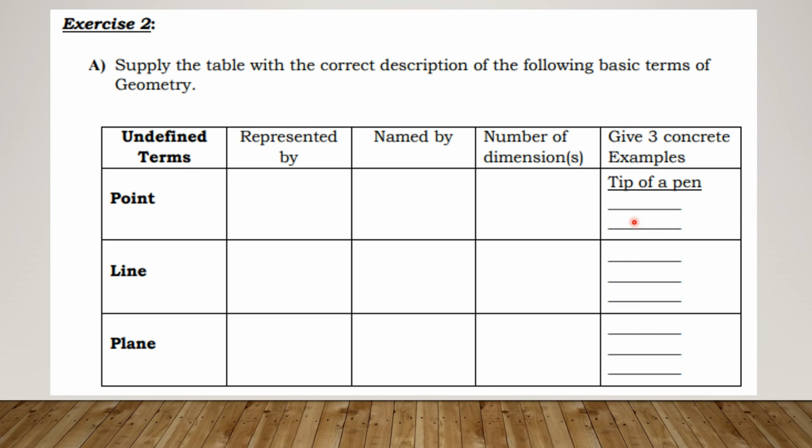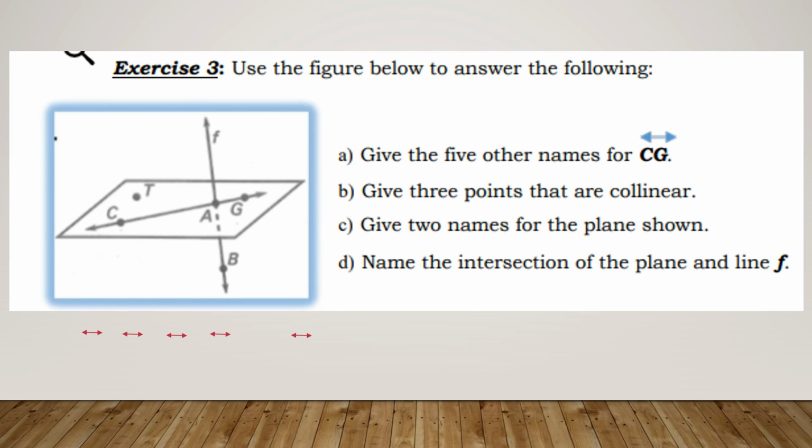You need to give 3. Give 3 concrete examples of point, of line, and of plane. So that is exercise number 2. It's easy, right? You just need to supply the table.